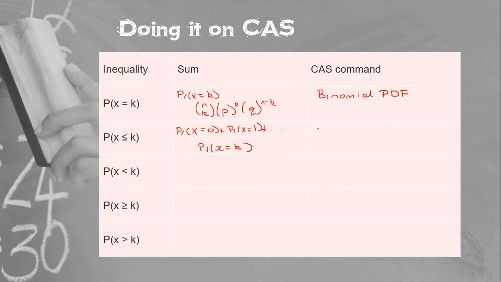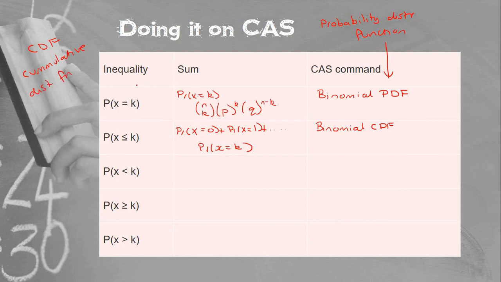When I do this, I use something called binomial CDF. I should point out, PDF stands for probability distribution function, and CDF, I'll write it over here, stands for cumulative distribution function.